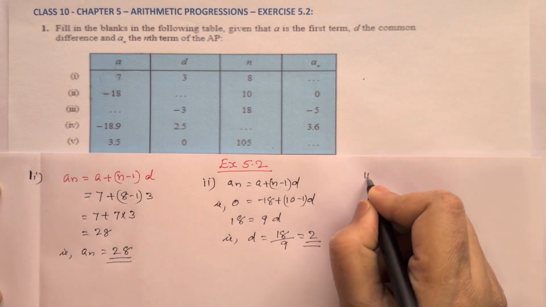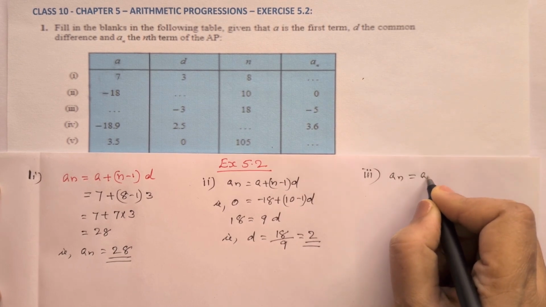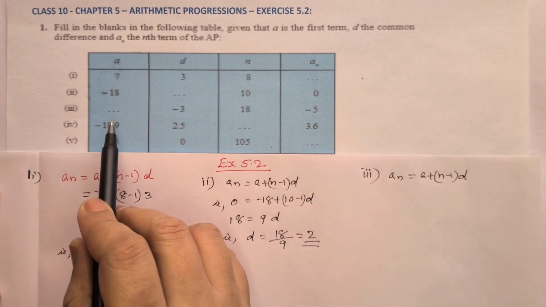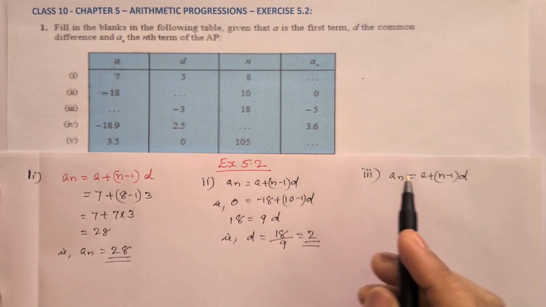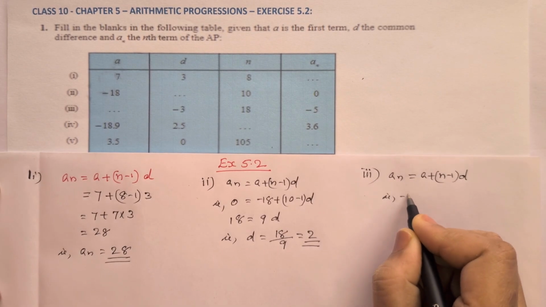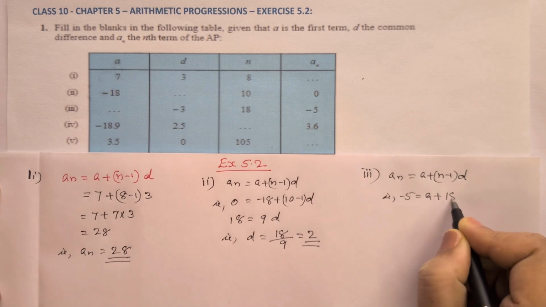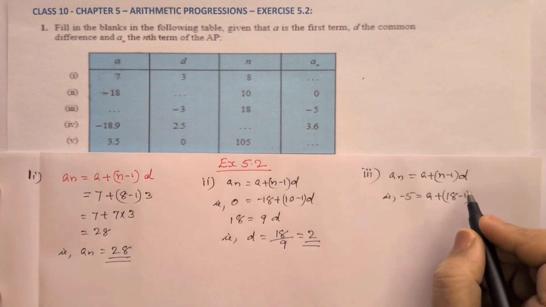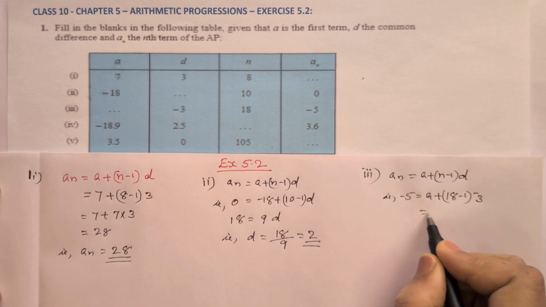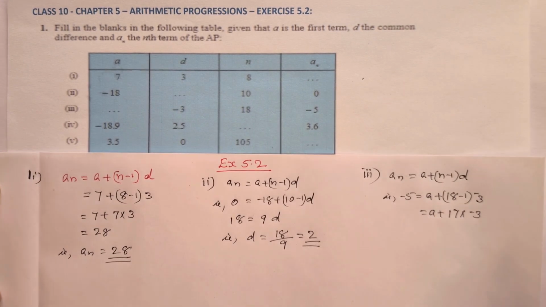Now third one. First we have to write the formula. AN is equal to A plus N minus 1 into D, and put the values there. Here A we have to find, rest of the terms are given. So AN is equal to minus 5, is equal to A, we have to find, and N is equal to 18, minus 1, into D is minus 3, which is equal to A plus 17 into minus 3.